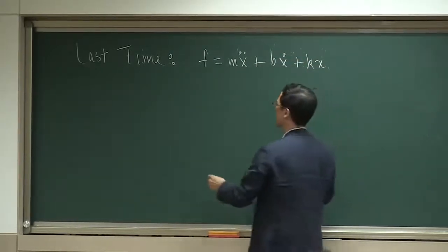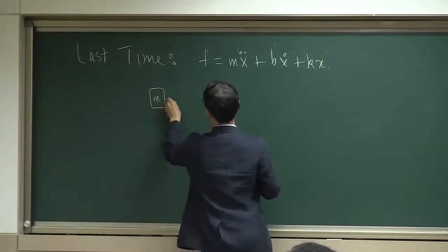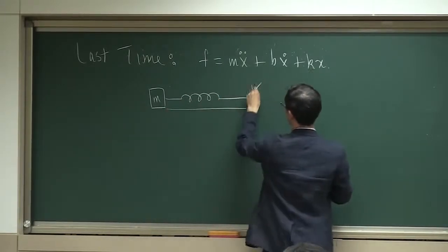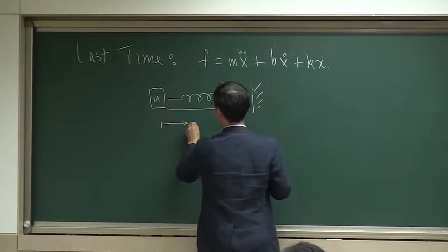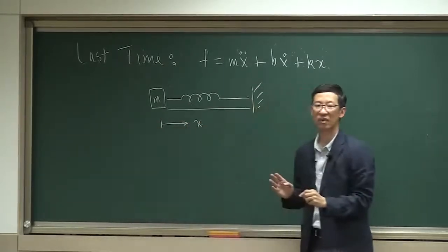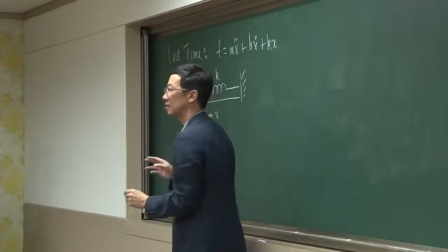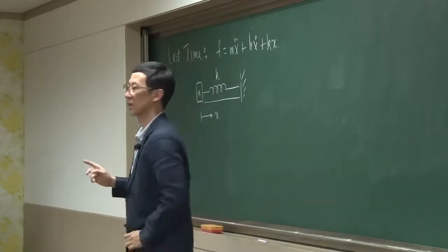So you can imagine some mass m attached by a spring to some stationary wall. And x represents the position of this mass, k is a spring constant, and b here reflects friction.